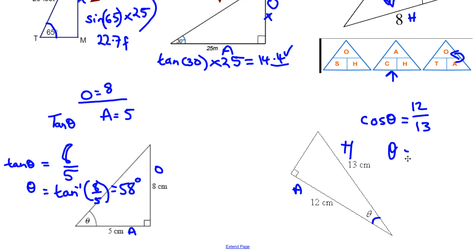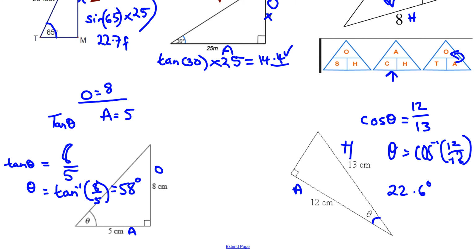Theta equals cos⁻¹, because you're going to press shift cos, and that's going to be 12 over 13. Okay, so let's do that. We're going to go shift cos 12 divided by 13, and that's 22.6 degrees. So 22.6 degrees.